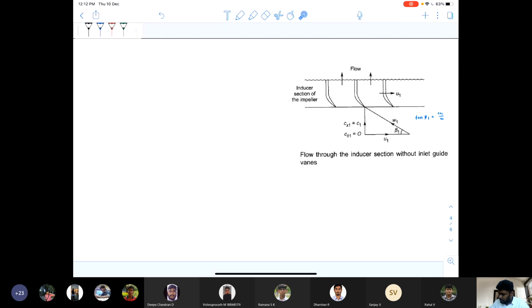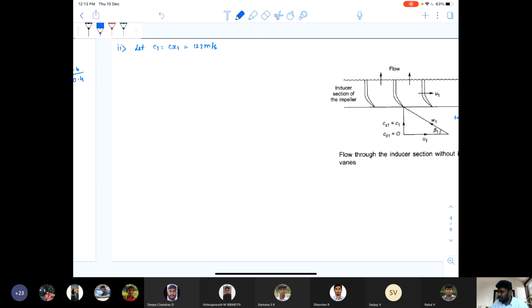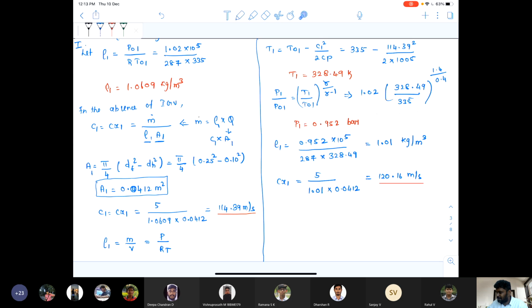Now we can make the second assumption. Let C1 is equal to Cx1 is equal to 123 meter per second. Now we are considering the value of Cx1 as 123 meter per second since the value which we got is somewhat around 120.